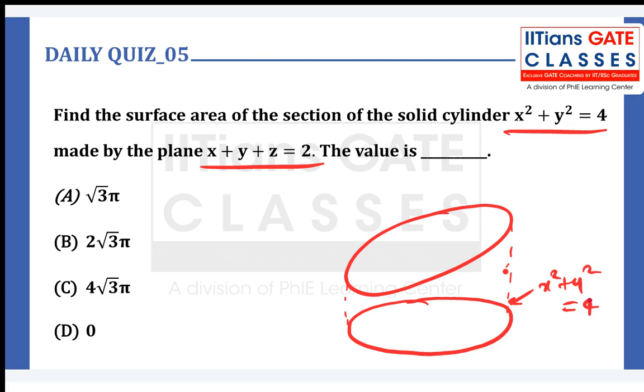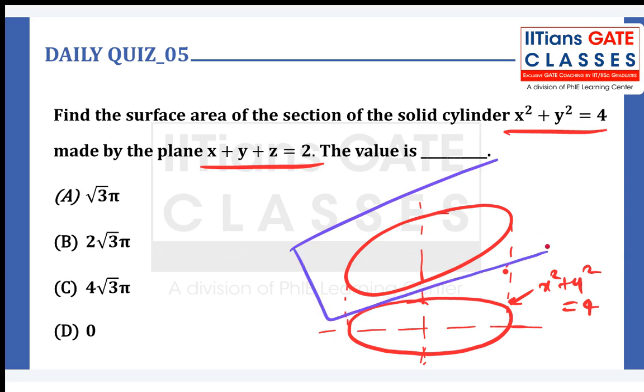We all know how to find the area of a circle, but they are not asking that. They have given you one plane, and this plane is cutting the cylinder at a certain section, and you'll have such a slant area. This area is what they're asking you to find.